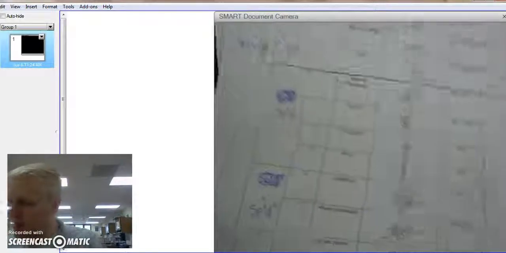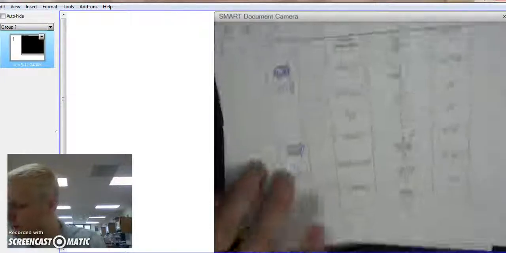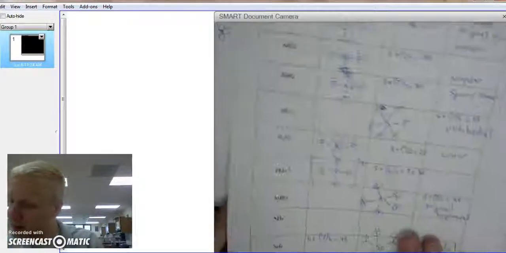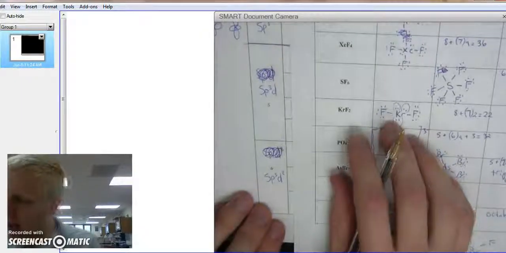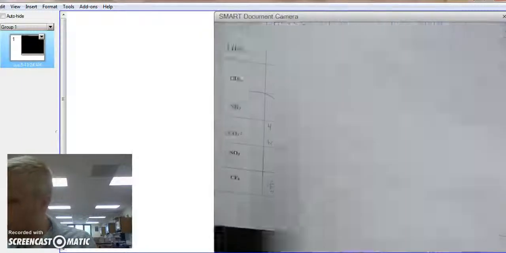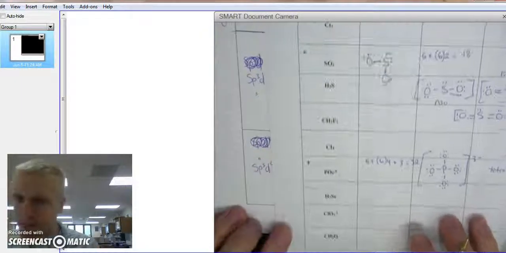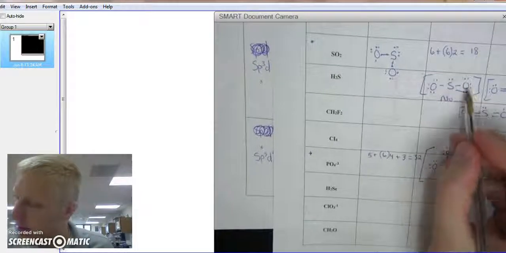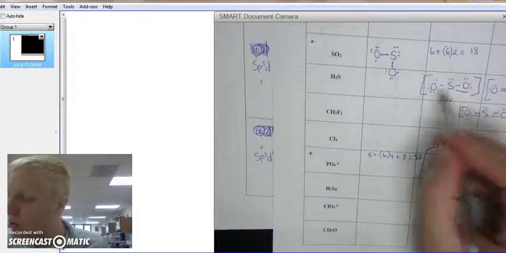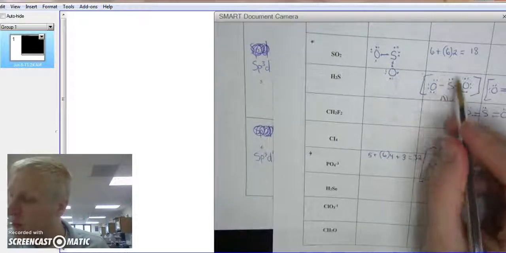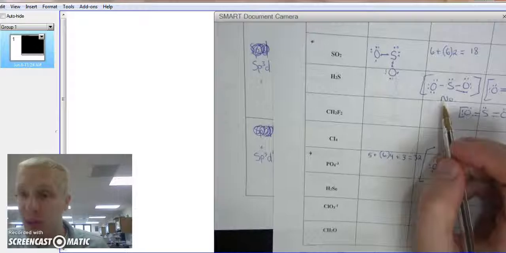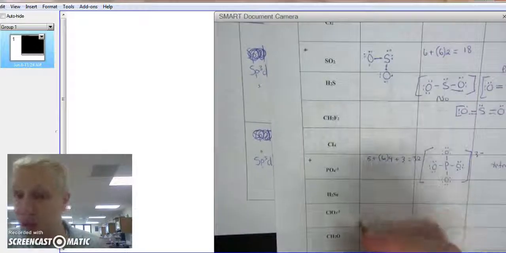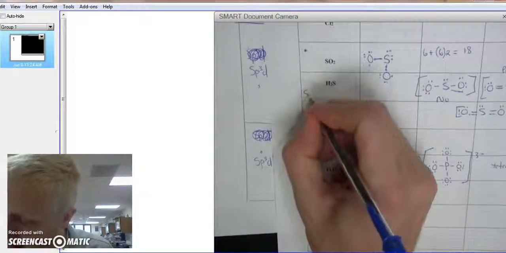Alright, doing some examples. Let's start with the simpler ones. We have SO2. It's better written right here. It's 2 terminal atoms and 1 lone pair. That is 3 electron groups. So in order to be 3, it could be sp.